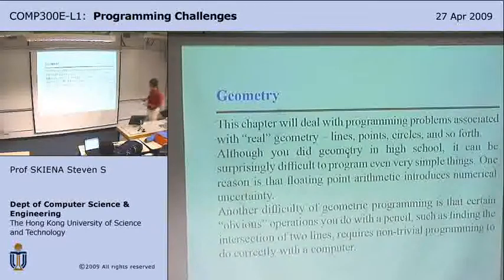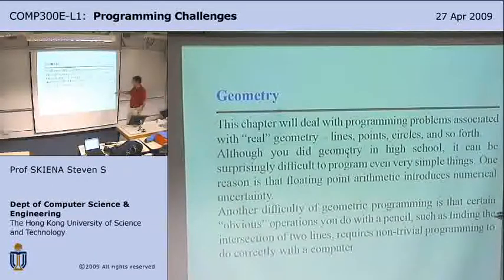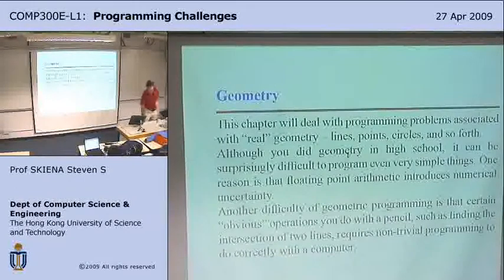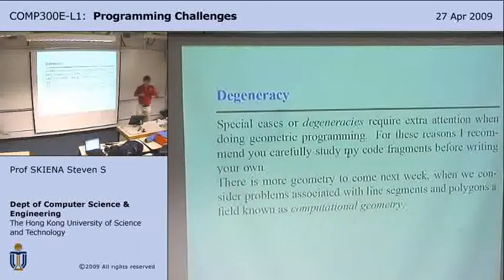The other thing is that certain seemingly obvious operations, because you're used to doing them by hand or by eye or with graphics, require non-trivial programming to deal with. The idea of elementary operations seems to be harder in geometry. We'll go through some of this. Again, I think the biggest problem is dealing with degeneracies.